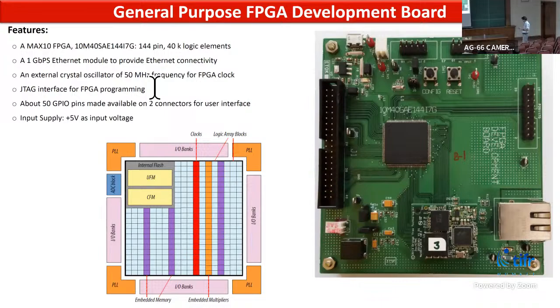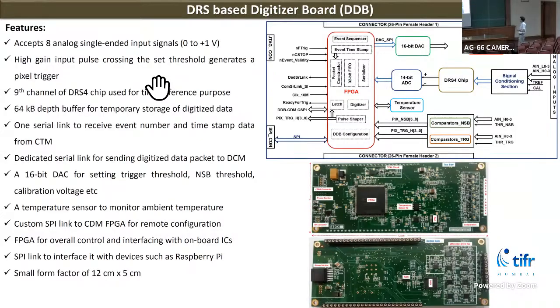We started from this board, and then after getting confidence, we developed this DRS4 based digitizer board. This digitizer board accepts 8 analog single-ended input signals, 0 to 1 volt, and any high gain input pulse crossing the set threshold generates the trigger signal.